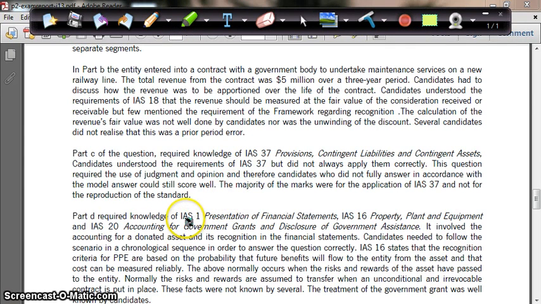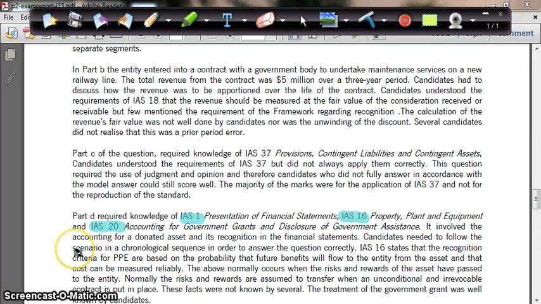So this last one required knowledge of IAS 1, which was the presentation of financial statements, IAS 16, property, plant and equipment, and then IAS 20, accounting for government grants and the disclosure of government assistance. Again, just highlighting this broad covering of the syllabus really is going to require you to cover each point during your revision and your preparation for this exam.